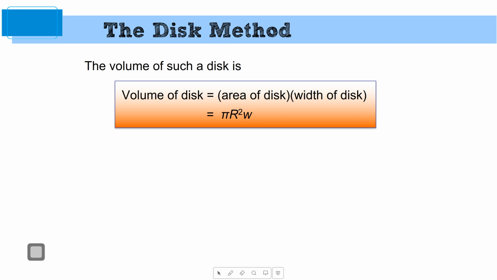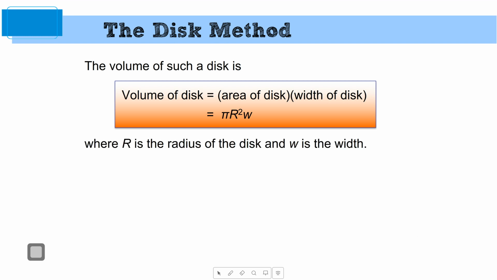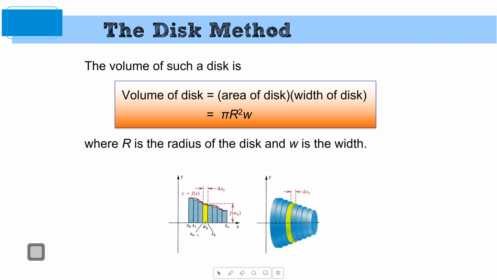And like we said, because it's calculus, we want to shrink that width very, very small so that we get a whole bunch of them. Okay, so this is what we're starting with. If I stack those discs on top of each other, we get a figure like on the right.